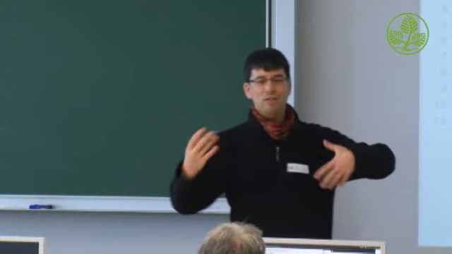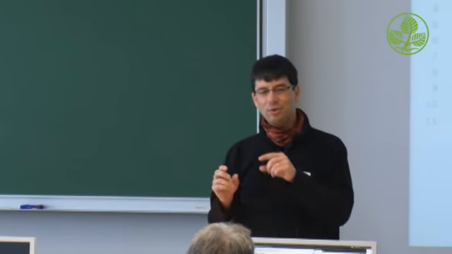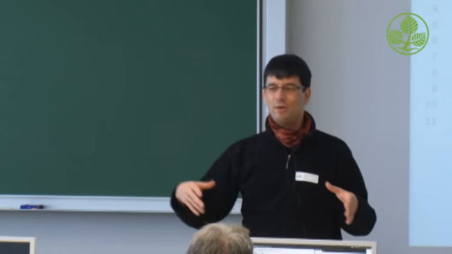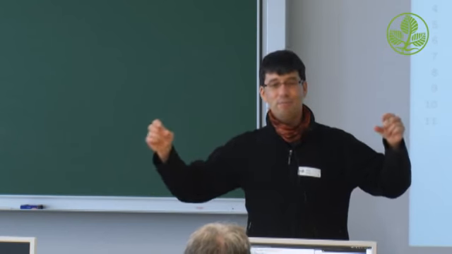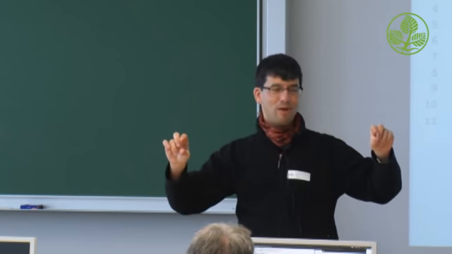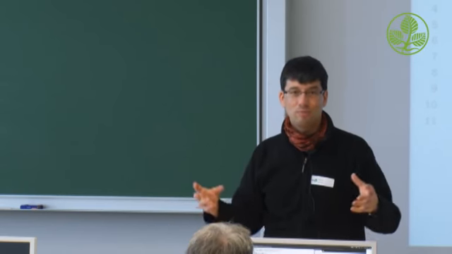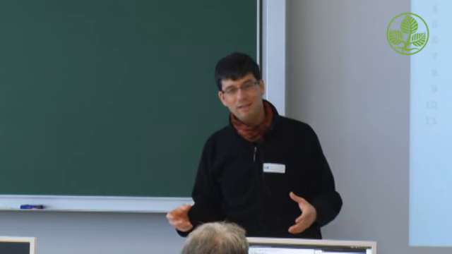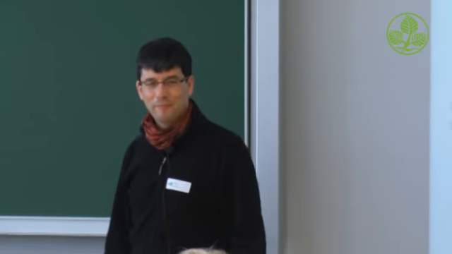So as RRDtool is updating its internal data structures, it will continually also update a consolidated version of the data. So when you're painting a graph for 10 years, it will not pick the data from that 1-minute interval. It will rather go to the other archive, which stores data in 1-day intervals, thus saving a lot of calculation time.